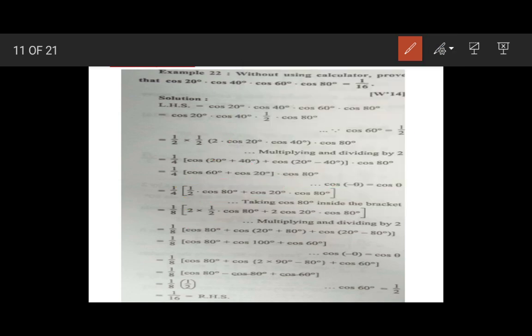So I will get 2 into 1 upon 2 cos 80 degree plus 2 into cos 20 degree into cos 80 degree, and here it will be 1 upon 4 into 1 upon 2. So I will get 1 upon 8, these 2 cancel, into cos 80 degree plus again 2 cos A cos B.